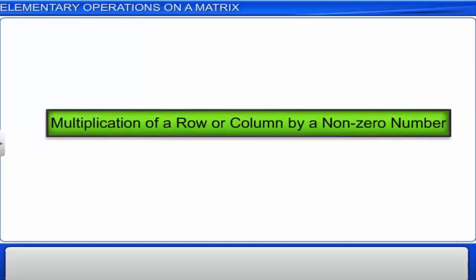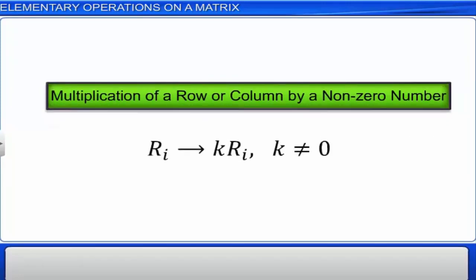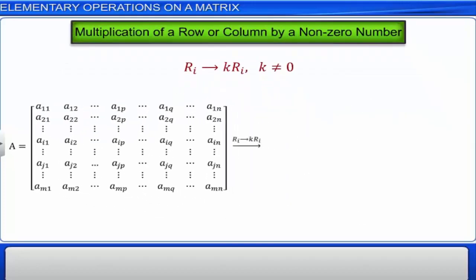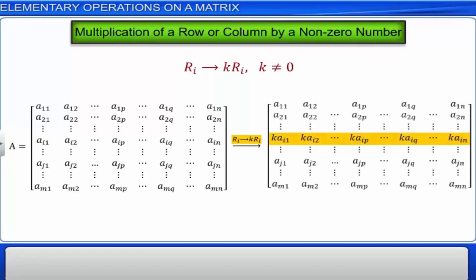We will now see how the elements of a row or a column are multiplied by a non-zero number. If we multiply the ith row of a matrix with a non-zero constant, k, then the notation is as shown. For matrix A, if we multiply the ith row with a non-zero element, k, the resulting matrix is as shown.